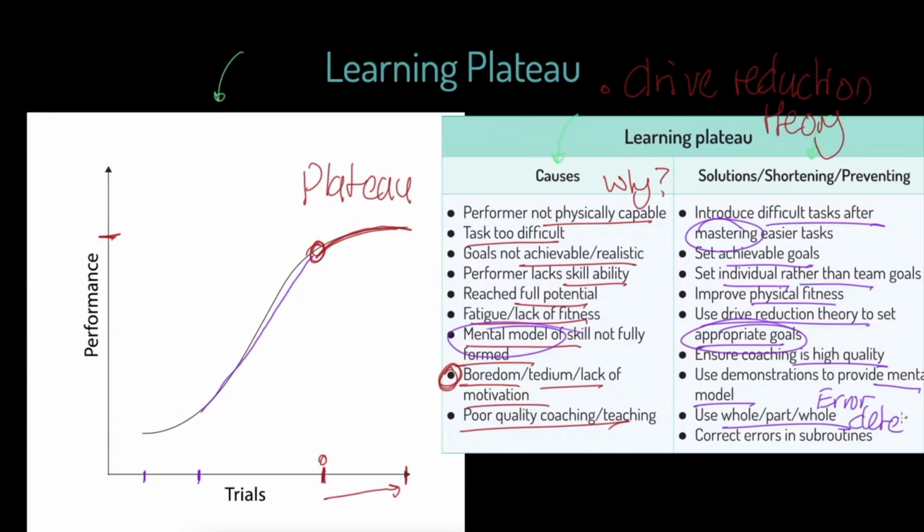We haven't talked about this in this session, but whole, part, whole practice can really lead to good error detection, and therefore we can correct errors in subroutines, so error detection, error correction. So what have we got here? We've got the causes of plateau, we've got the solutions, how to prevent a plateau. Now, of course, it would be so much better to have these things in place so there's not a plateau, right?